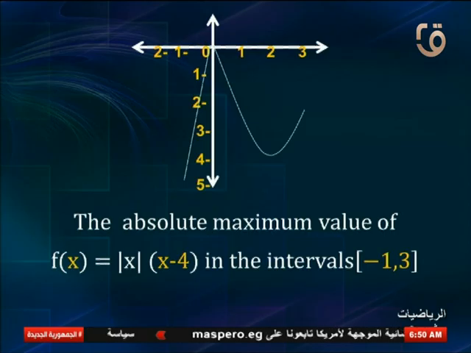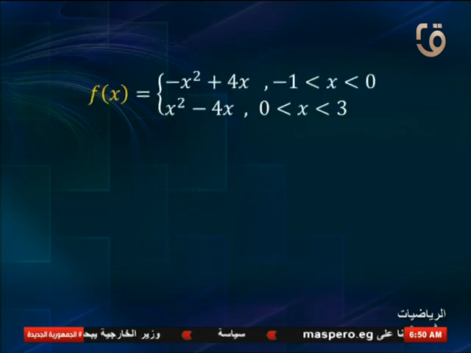Look at the solution. In this case, we have the absolute value, |x| equals x when x is smaller than 0 and bigger than −1, multiplied by (x − 4). Then we have two branches: −x² + 4x when −1 < x < 0, and x² − 4x when 0 < x < 3.